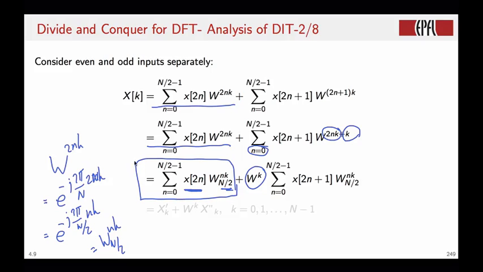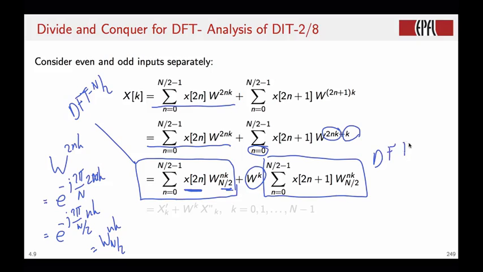Okay, so here we identify a DFT which is of size N/2. Now the second half has exactly the same effect. Simply we have this pre-multiplication, but it's outside, and the summation inside is exactly again a DFT of size N/2. And this DFT is simply taken over the odd indexed samples.